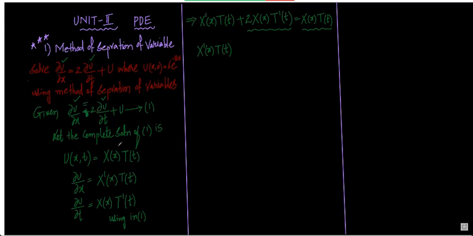Look at the question. The equal to sign is there, and this side has the plus sign. Now you can easily take common. What I want to take common is X.